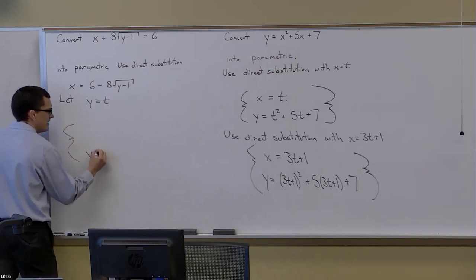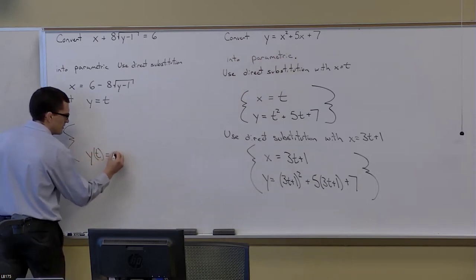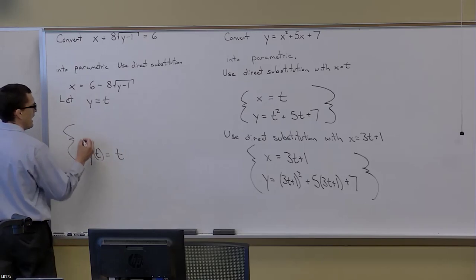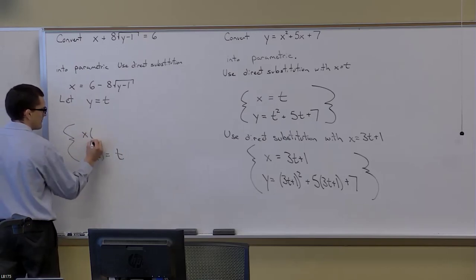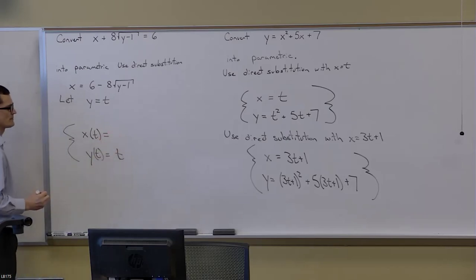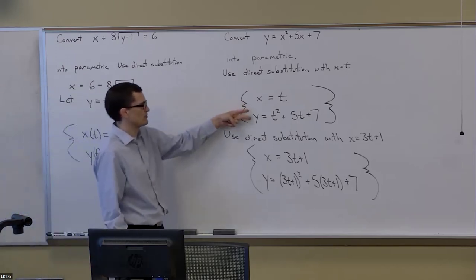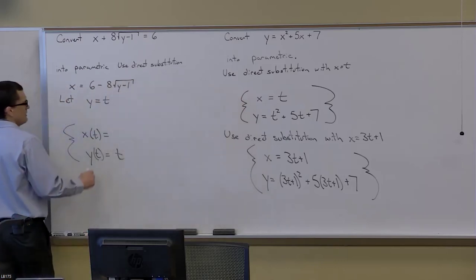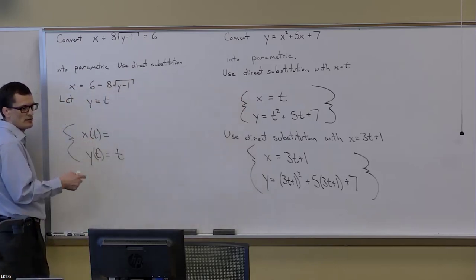And again, oftentimes you see this notation, y of t and then x of t, rather than just y equals and x equals. A lot of times on the board, I save time by just writing y equals, x equals. But in the book and in Moodle, a lot of it's this.